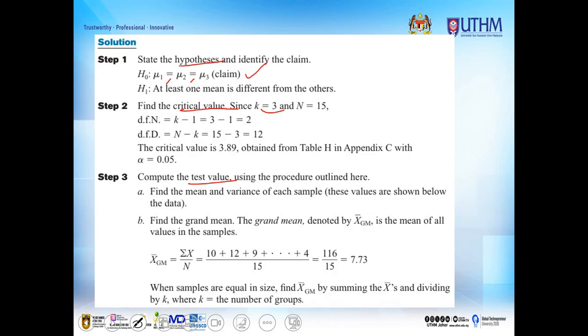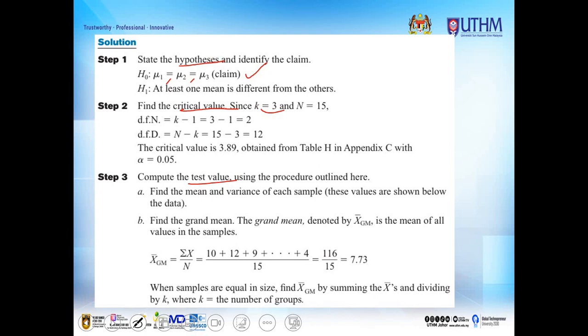In this case, the degrees of freedom for the numerator is k minus 1, which is 3 minus 1 equals 2. On the denominator, we have n minus k, which is 15 minus 3 equals 12.